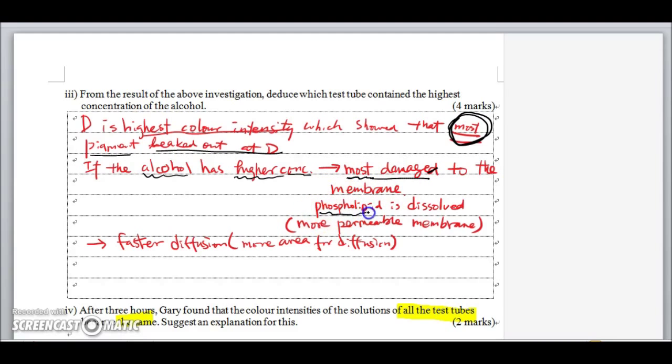That is, more phospholipid is dissolved, and the membrane will become more permeable. Therefore, it will lead to a faster diffusion of pigment. Why? More phospholipid is damaged or dissolved, then there will be more places for the pigment to leak out.